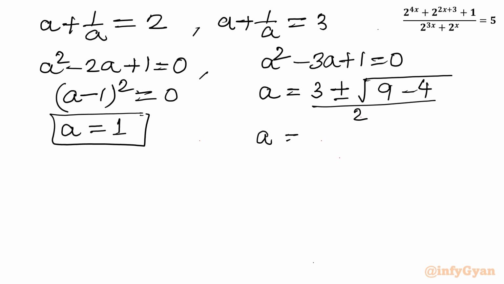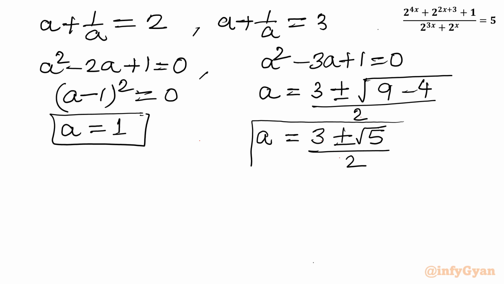So a is coming out 3 plus minus square root 5 divided by 2. So we have got 4 values actually. This is having multiplicity 2, and after that 3 plus root 5 over 2 and 3 minus root 5 over 2. All solutions are valid.